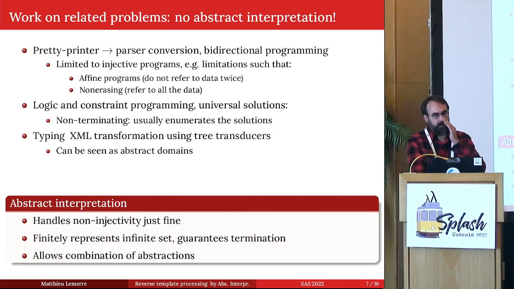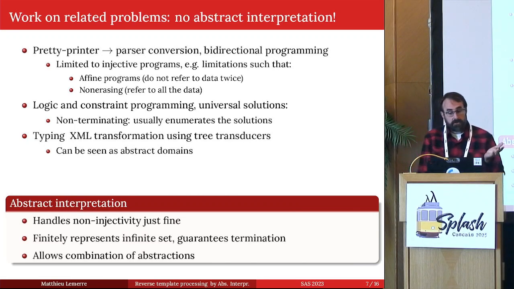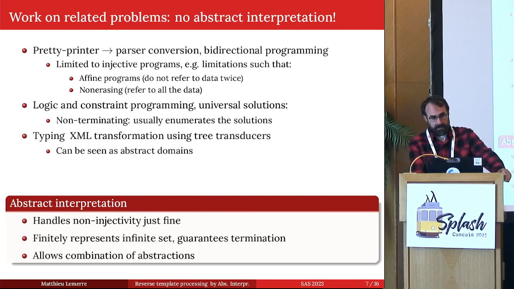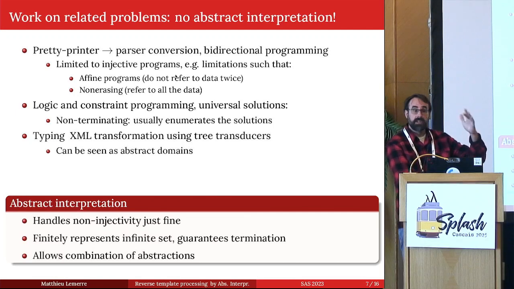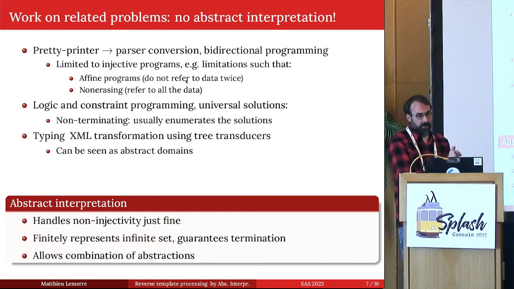If we look at related work, this exact problem has not been investigated, but there are some very related problems, and people did not use abstract interpretation to solve it. For instance, you have some tools which do automatic conversion from pretty printers to parsers, and also bidirectional programming, which is a set of techniques to handle this view update problem. And often they are limited to injective programs, which means that in the template, you cannot refer to a data twice, and you have to refer sometimes to all the data, which are very important limitations.